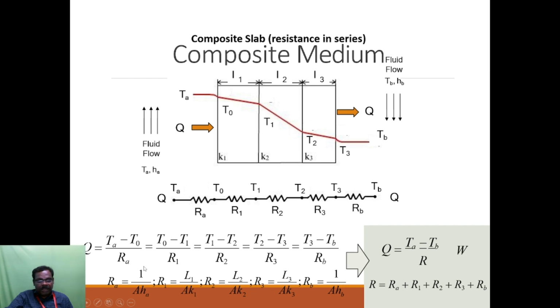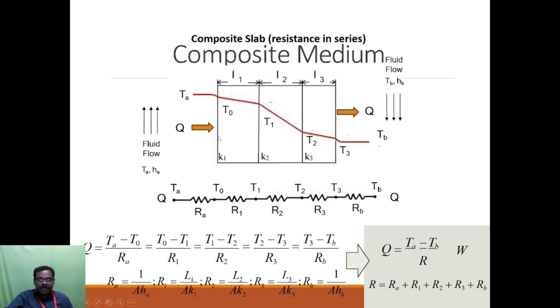What is RA? R is L by KA. Here there is no conduction, only convection takes place, so RA equals 1 by hA into area.